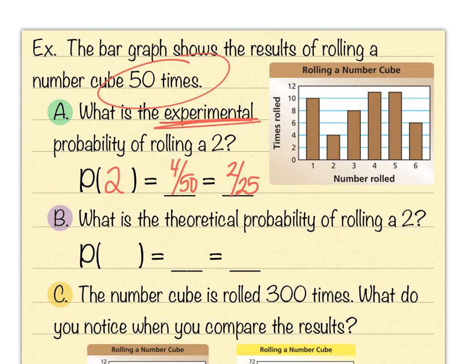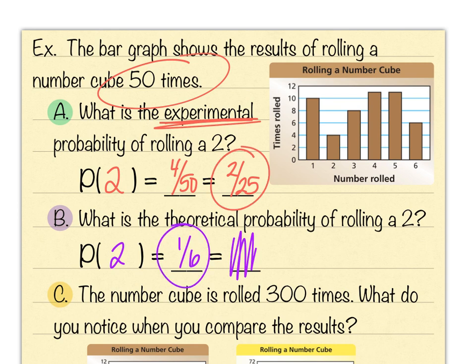That's my experimental probability. But when you roll a number cube, and you guys probably didn't know this, all the numbers are equally likely. So the theoretical probability should be of rolling a 2. Well, if there's 1 2 out of 6 numbers, then it should just be 1/6. I guess we don't need this spot here because that doesn't reduce. So you can see the theoretical probability is oftentimes different from the experimental probability.